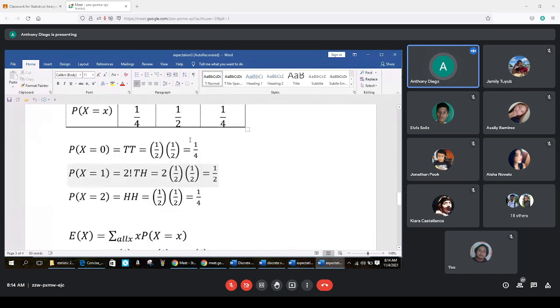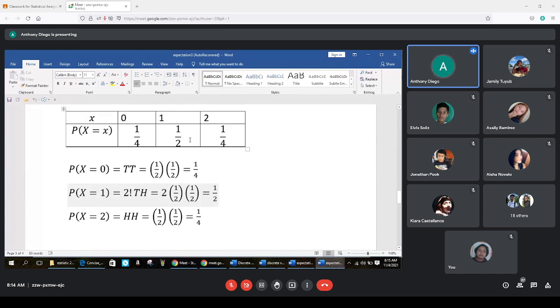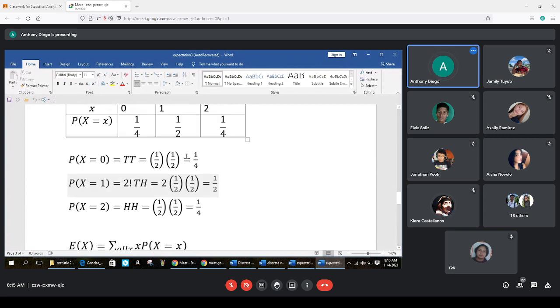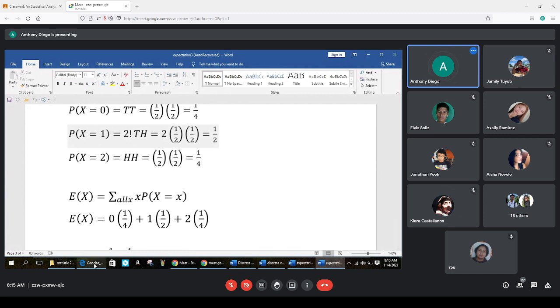We already went through that. Basically the expectation is whereby you take the small values of x and multiply each by its respective probability, and then we add them up, and that will be the expectation. Now let's look at another problem here.